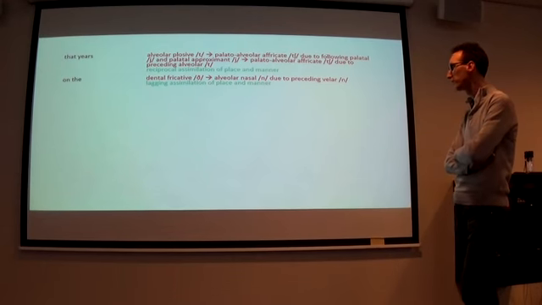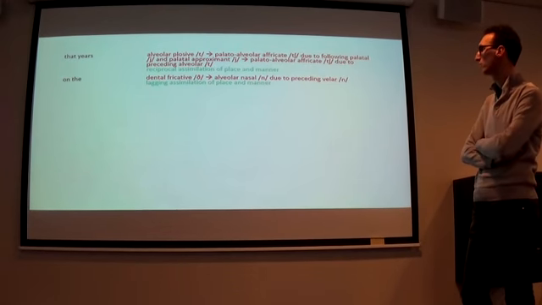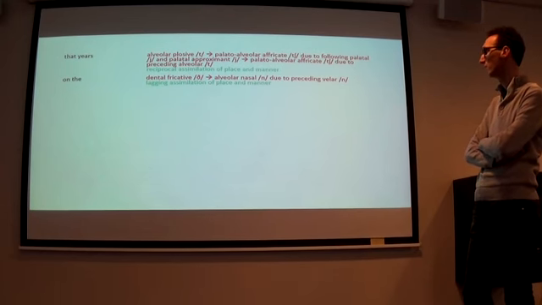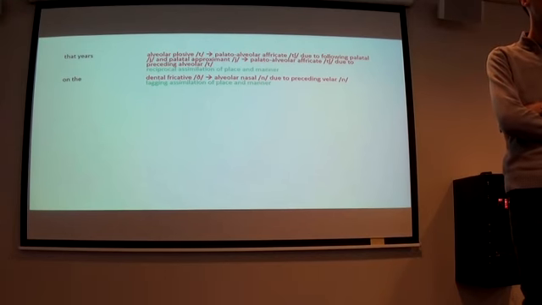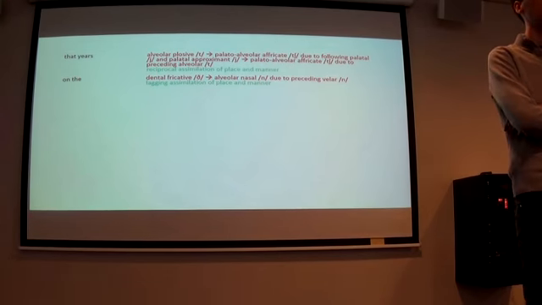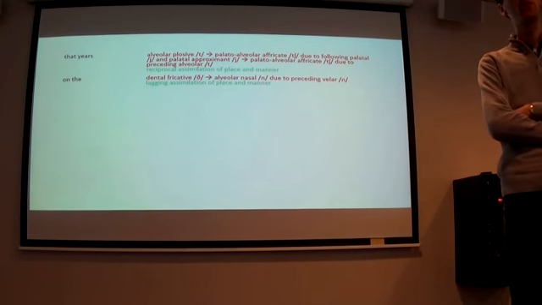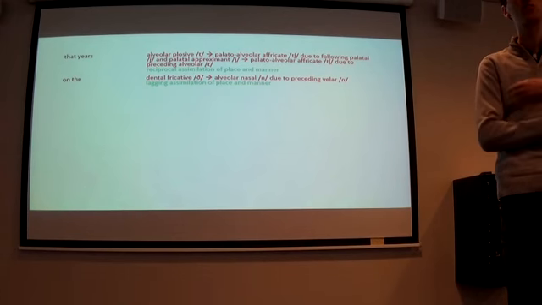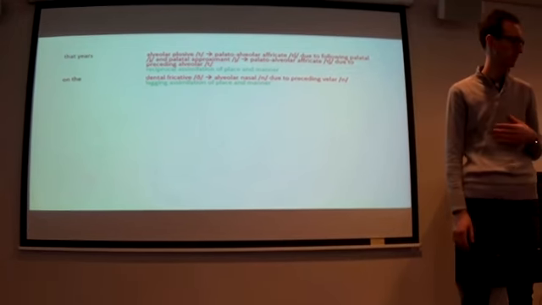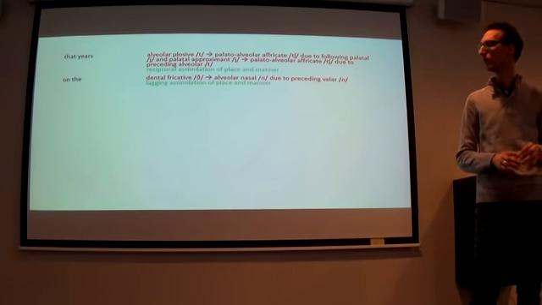Dental fricative changes to alveolar nasal due to preceding alveolar nasal. Again here, I'd advise you to write down the full labels because that might help you to see the change, to visualize the change.